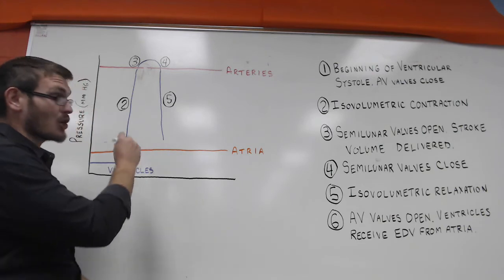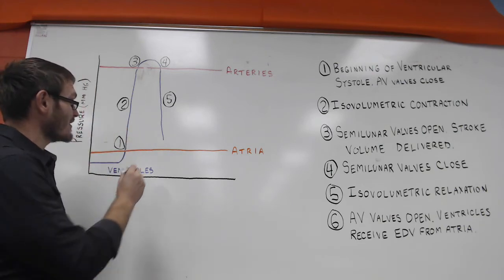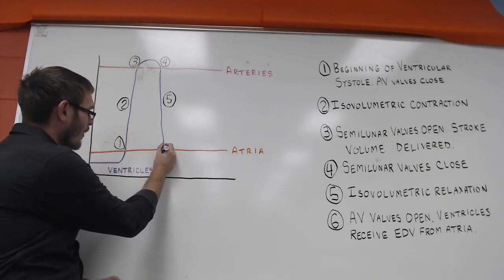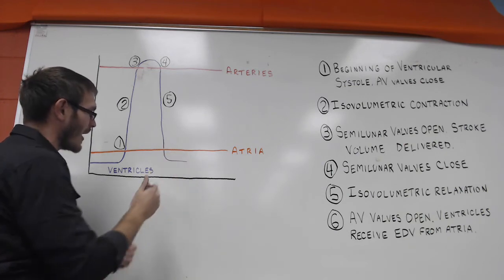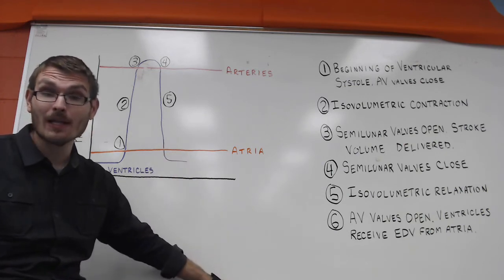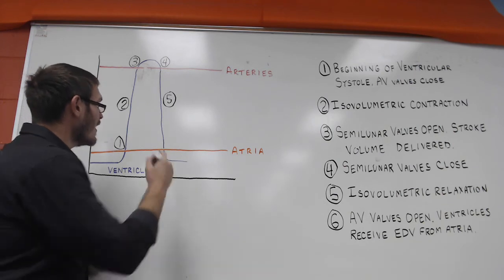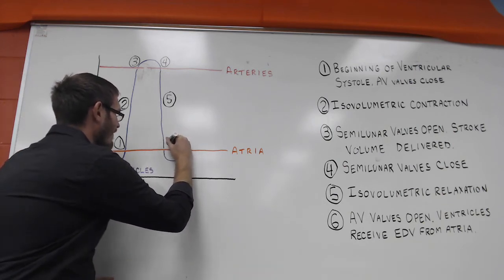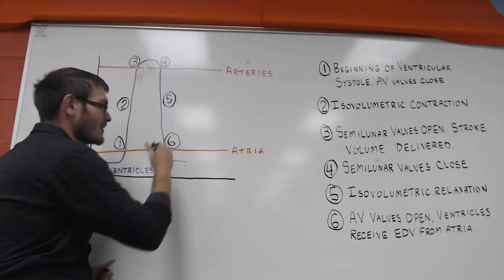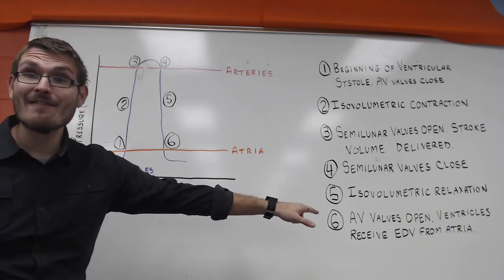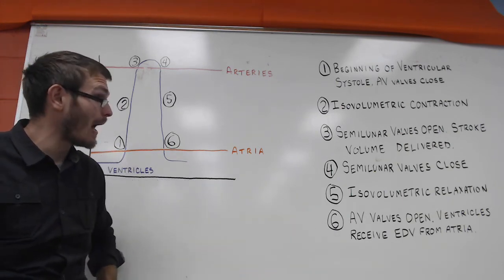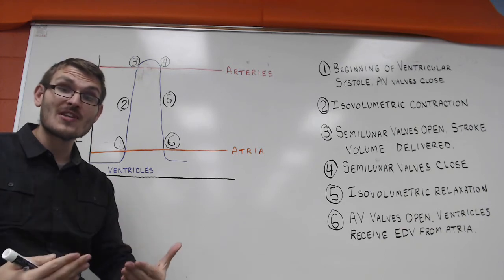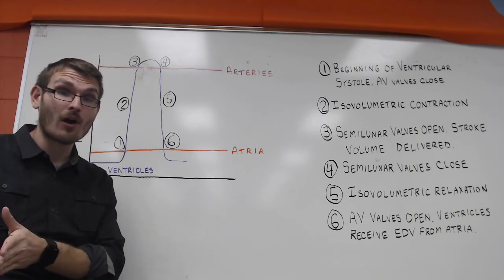As this relaxation occurs and as the pressure inside the ventricle starts to fall, again, we get to the point where the pressure in the ventricle falls back below the pressure in the atria. This will cause our final event here, event number 6, in which the AV valves are now going to open up, and that allows us to set back up for our next round of the cardiac cycle.